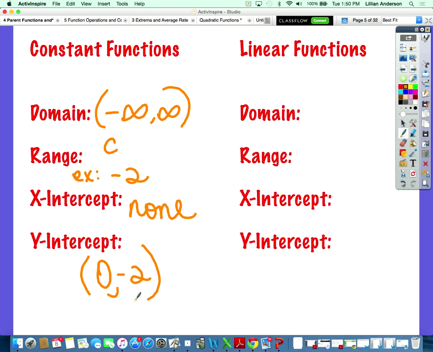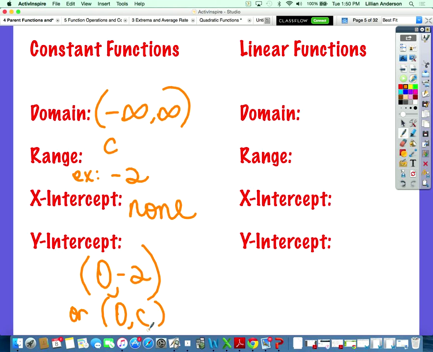Because think about it, it's crossing the y-axis at that constant value. In our case, it's -2. So in general, it'll be 0, comma, c. All x-intercepts and all y-intercepts are written as points. Just remember that.